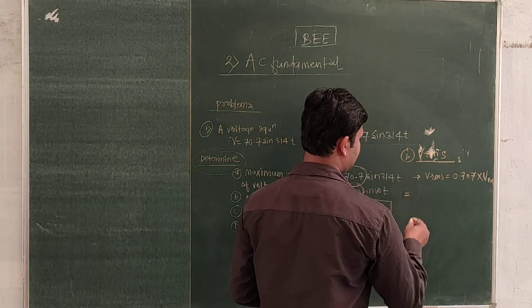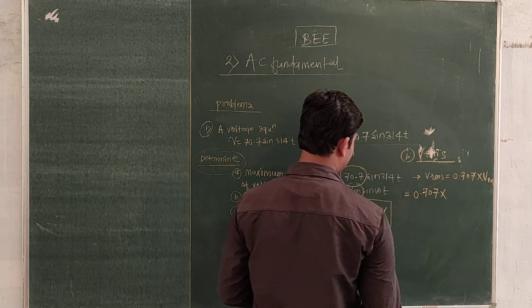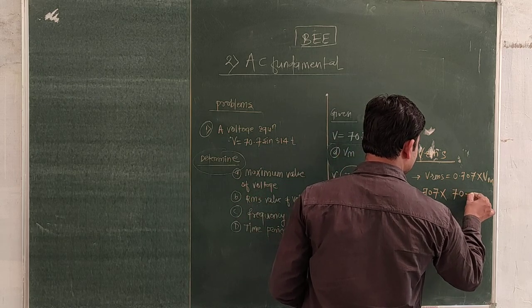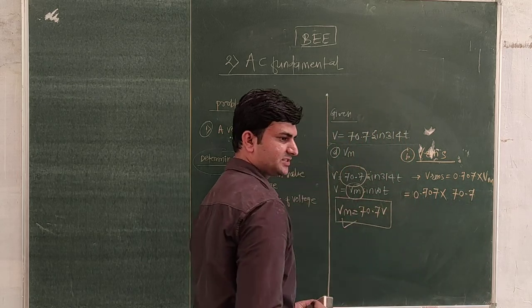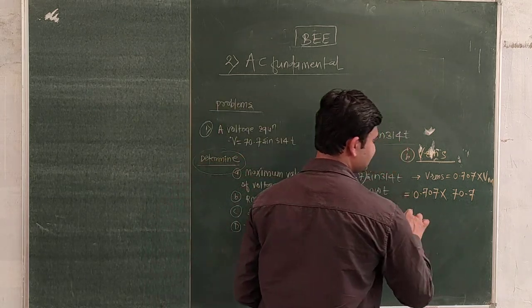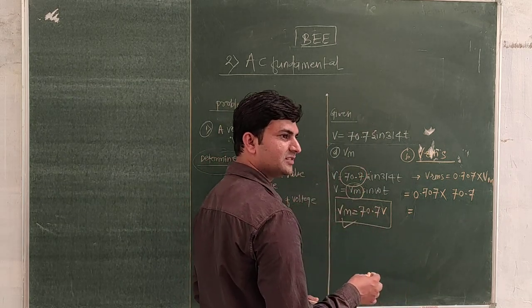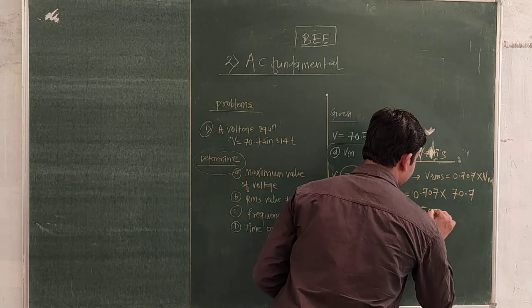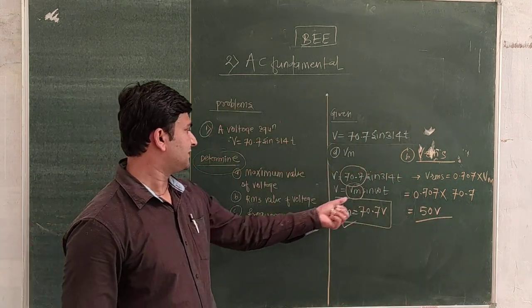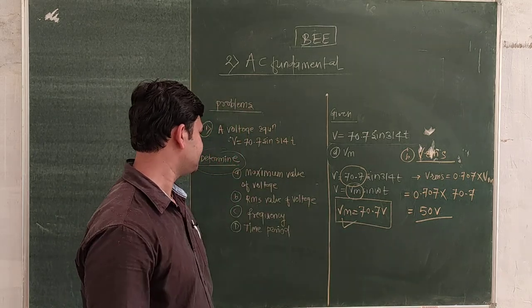That is 0.707 multiplied by Vm, that is 70.7. So what is the answer? The answer is 50 volt. This is the RMS value of the voltage.